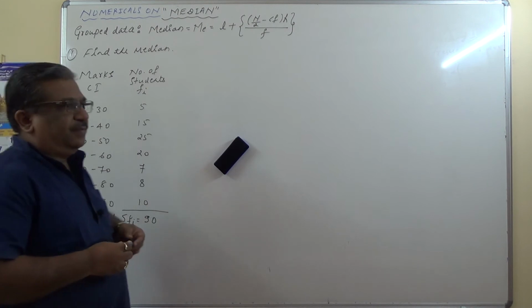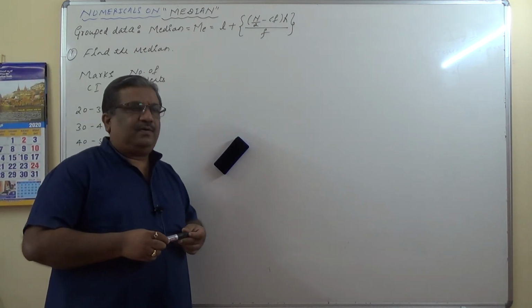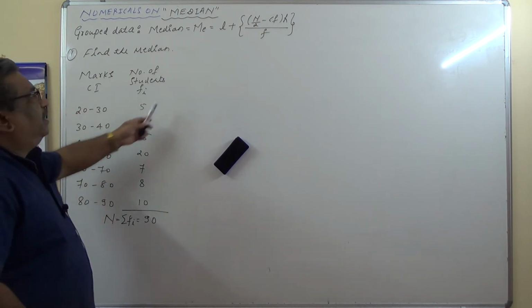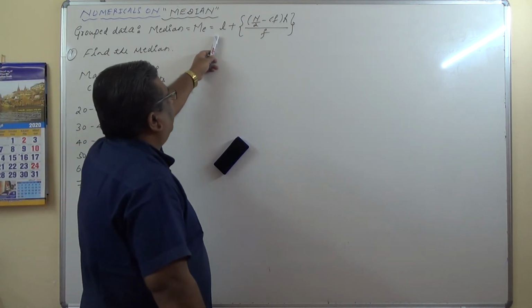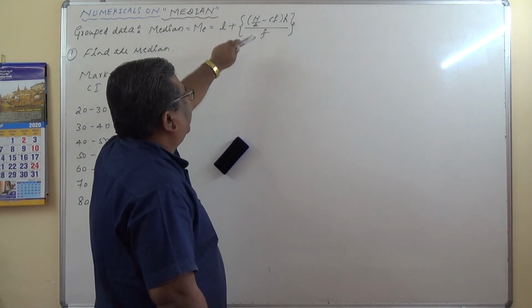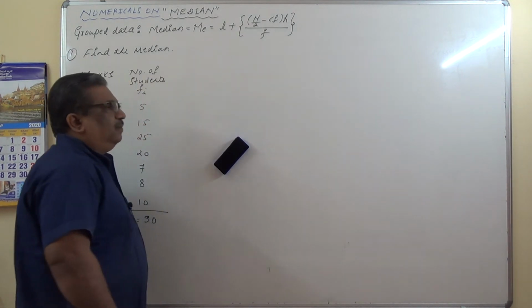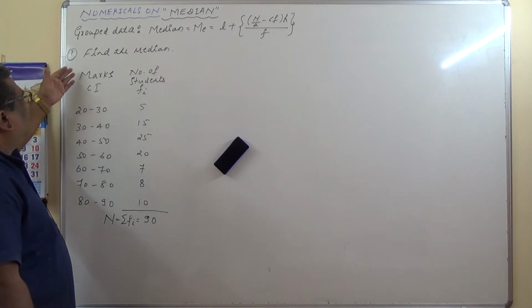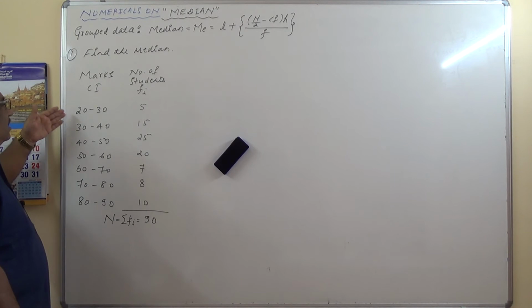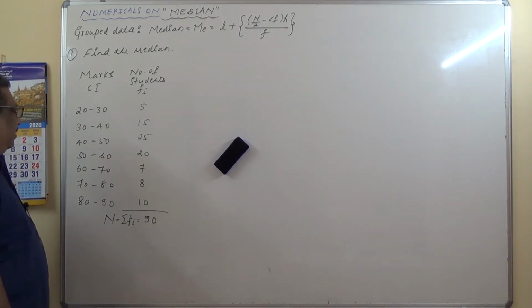Now I will take up some numericals on how to find the medians. Already you know the formula for the median of grouped data: L plus (n by 2 minus Cf) into h by f. Now this is the distribution given to you, class intervals and the frequency. What is the next step to be followed?